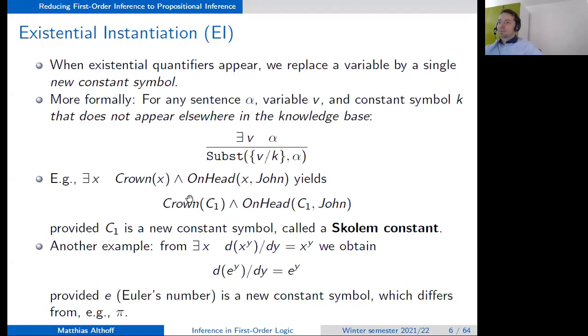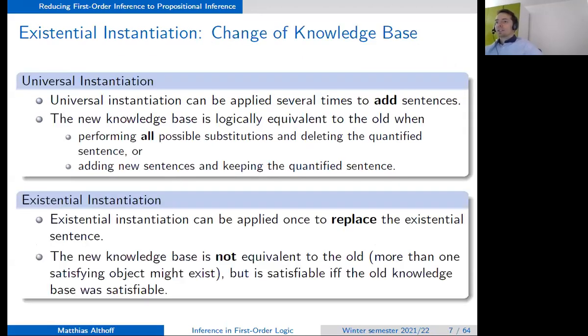And then we have replaced it already. If we keep this, it implies that there might be a second case where this holds. That means the new knowledge base is not equivalent to the old one, because it could have been that there are maybe two crowns for which this holds, but we have just made one replacement.